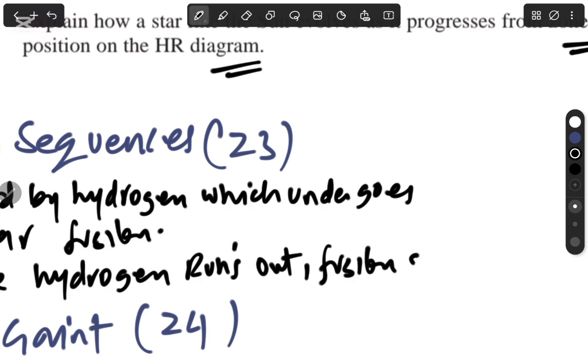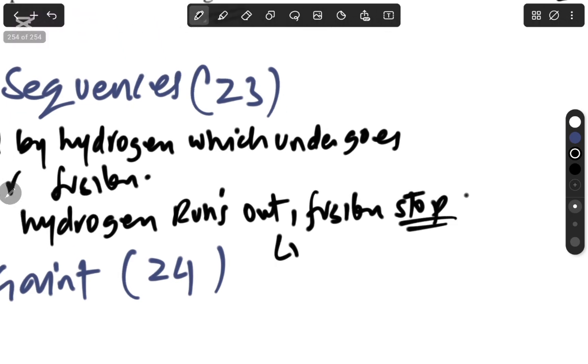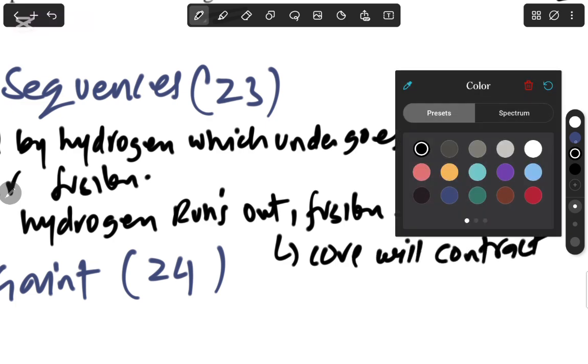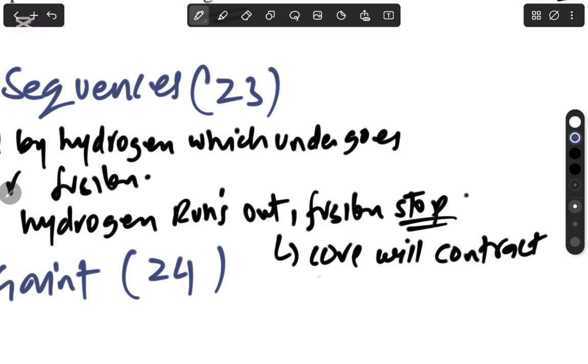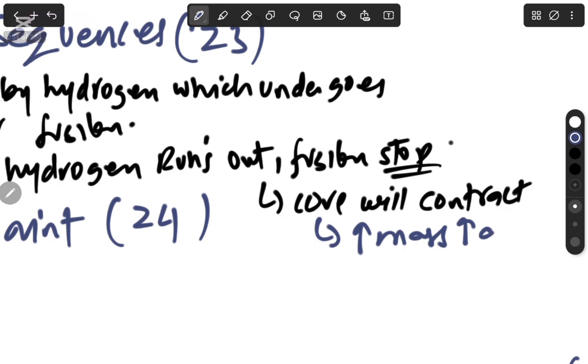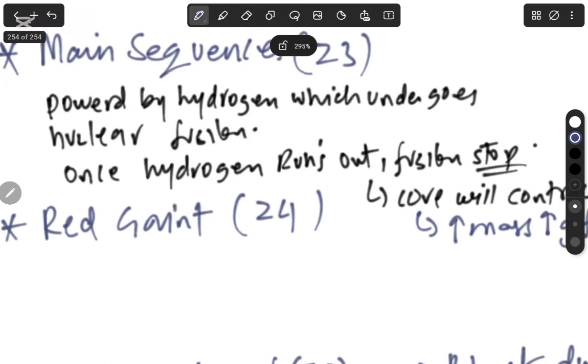So this fusion will stop. Then what will happen is the core will have high mass, and because of that there will be high gravitational forces, and because of that the core will contract.